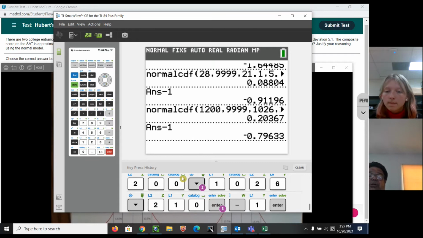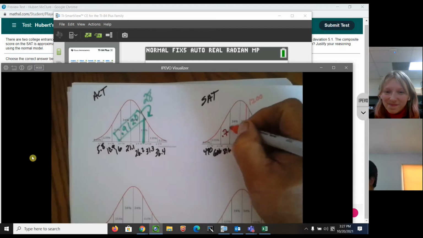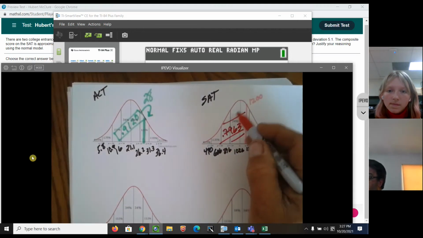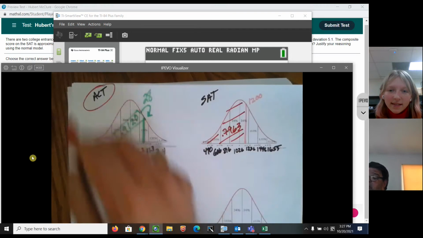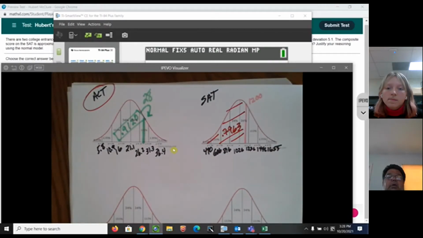So 7963. So it doesn't take a rocket science to figure that out. 0.7963. So which one is higher? The ACT. You got a higher percentile with the ACT.